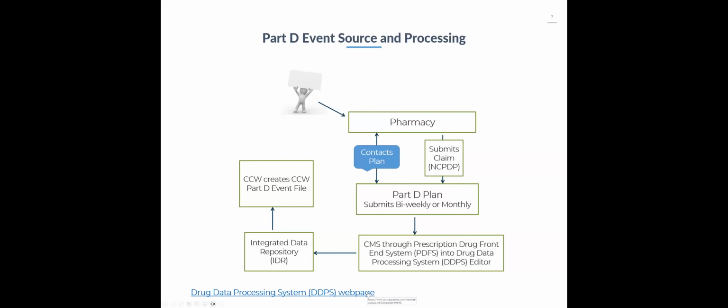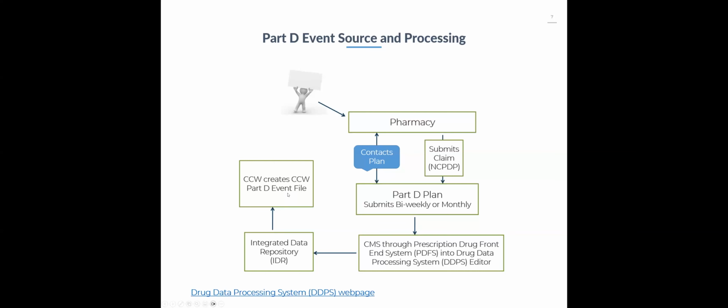There's a web page you can go to; this particular page is about Part D, but the CCSQ is responsible for interacting with private plans, and there's lots of information on there. Once it gets through these systems, it will go into the integrated data repository.